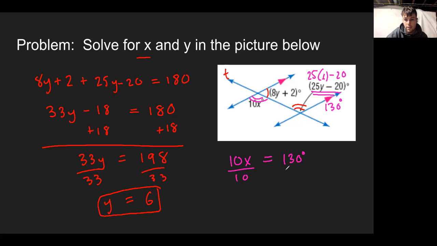Divide by 10, division property of equality, I get x equals 13. Again, I don't need to use this value of x, but some questions may ask us to use that to find an angle. All right, clear.